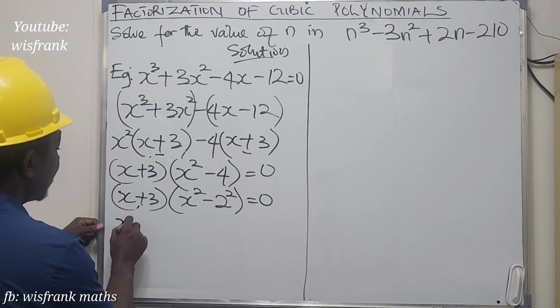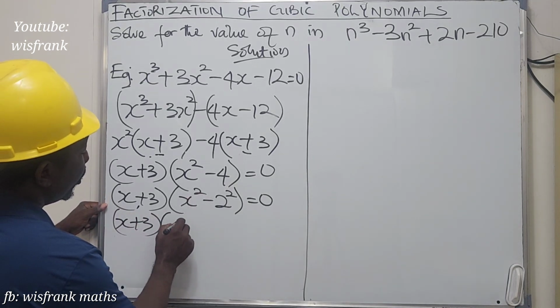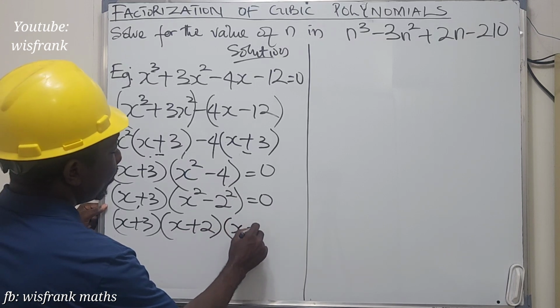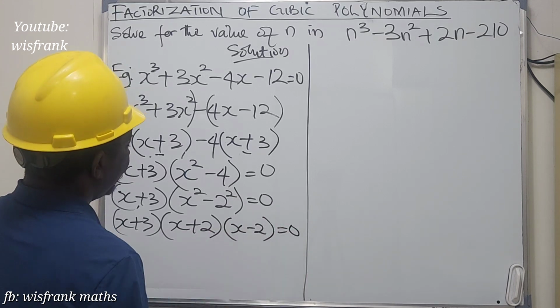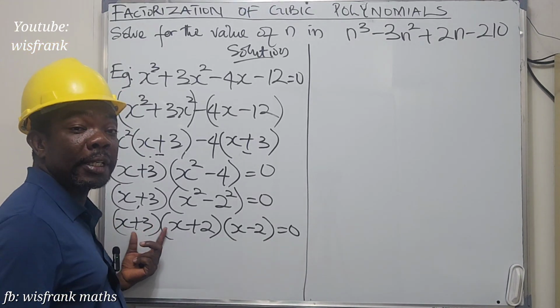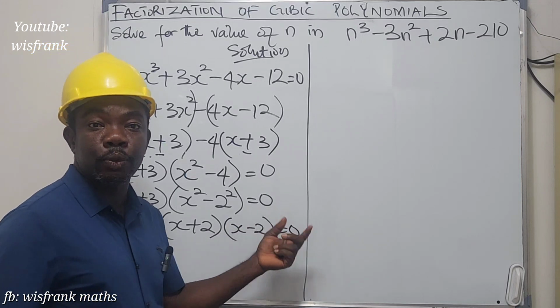So we bring down this x plus 3, into the difference of two squares, which we all know is x plus 2 times x minus 2. So these are the values of x. Either the first parenthesis equals 0, or the second parenthesis equals 0, or the third parenthesis equals 0.